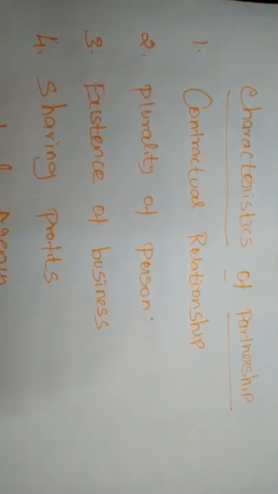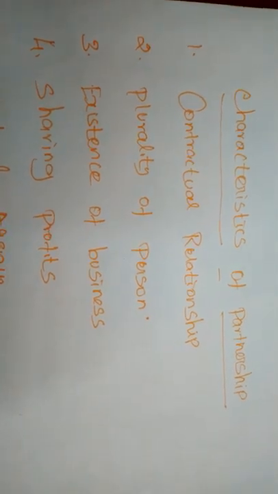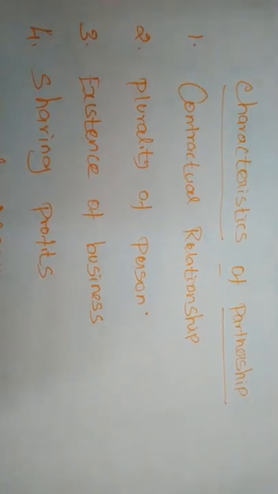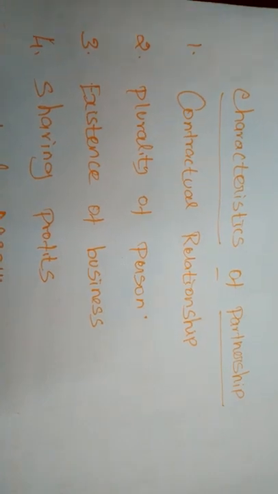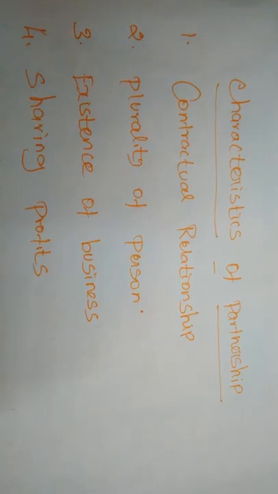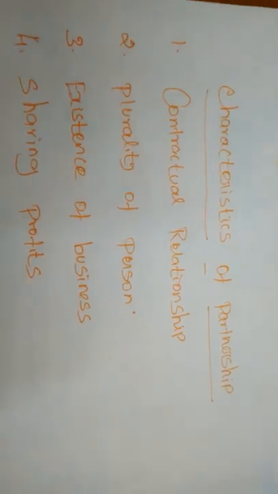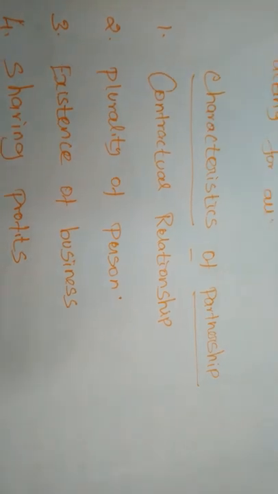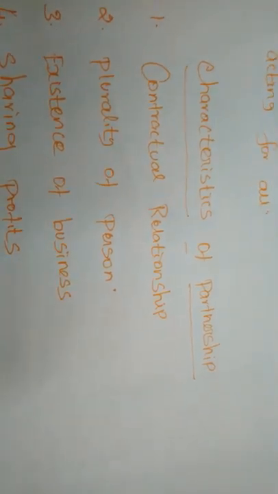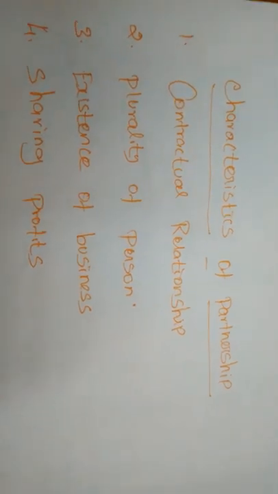After accepting all the rules, norms and conditions, all the partners come to an agreement. The agreement may be oral or written. It is not compulsory to be written, but a written agreement benefits all the members.